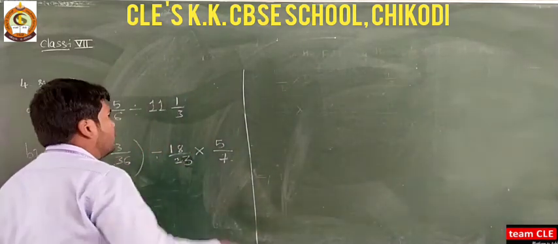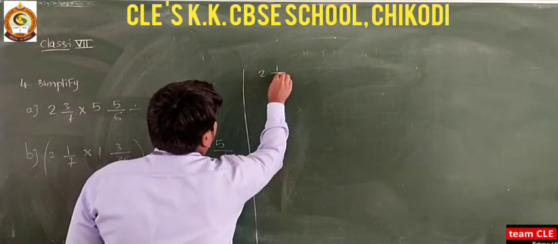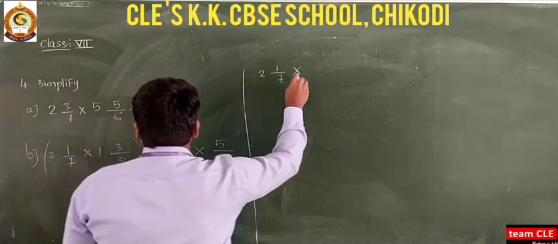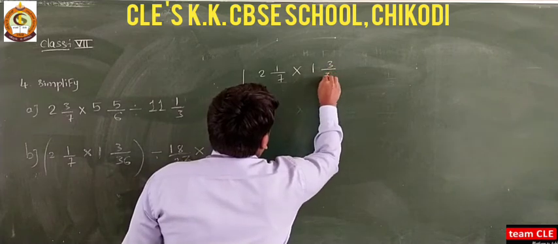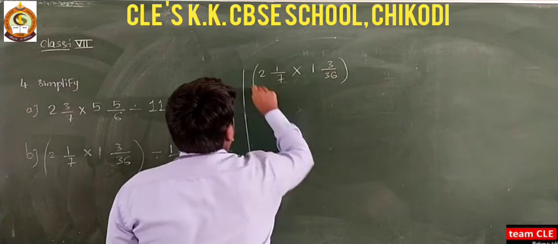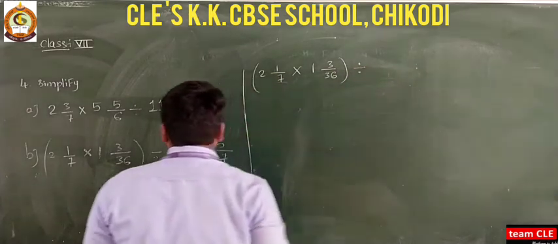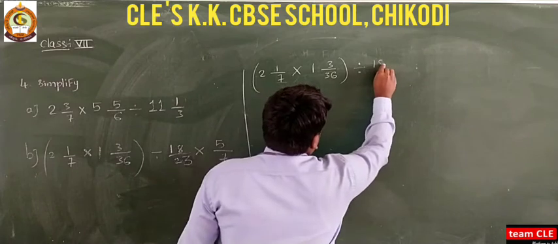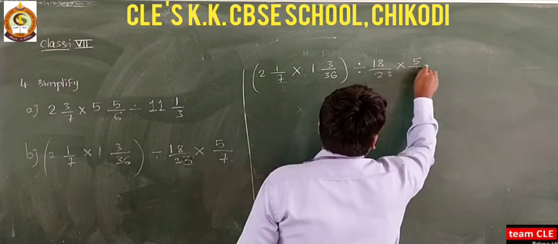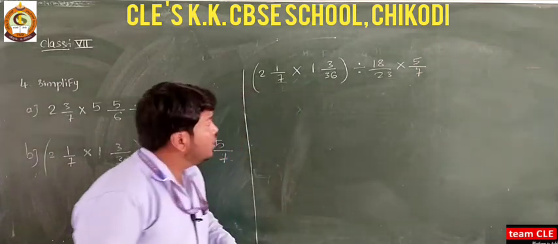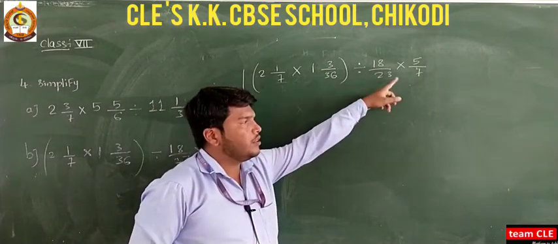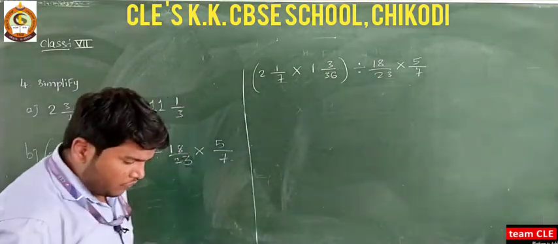The second question is 2 integer 1 by 7 into 1 integer 3 by 36 divided by 18 by 23 into 5 by 7. So this is your question: 2 integer 1 by 7 into 1 integer 3 by 36 divided by 18 by 23 into 5 by 7.